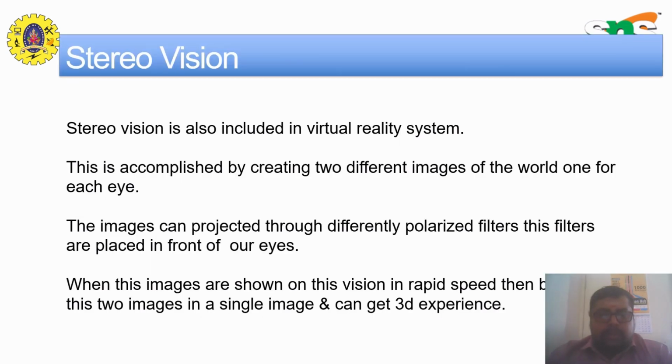Okay, next we are going to see a term called stereo vision. Stereo vision is used in virtual reality systems where it may combine two different images into one. That is, you are going to see two different images, one in each eye. For this, you are going to have different polarized filters placed in front of you. When the two different images are shown as polarized images, you can experience what is called a 3D experience.